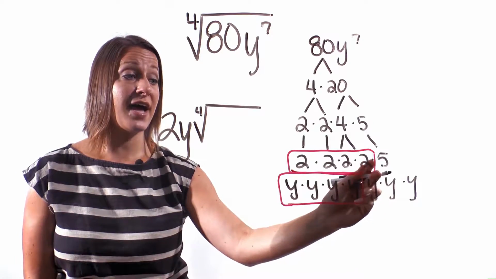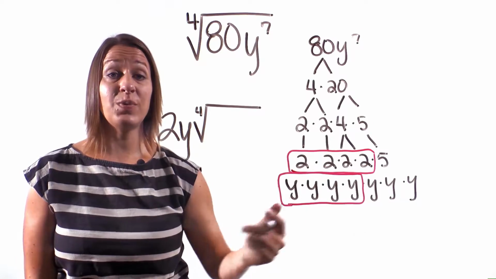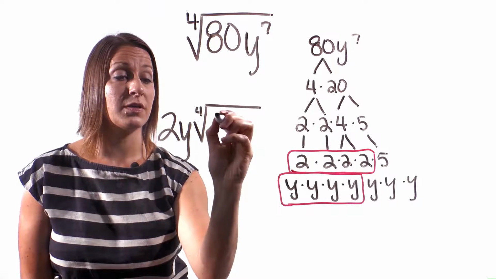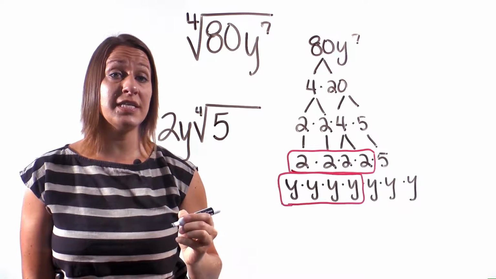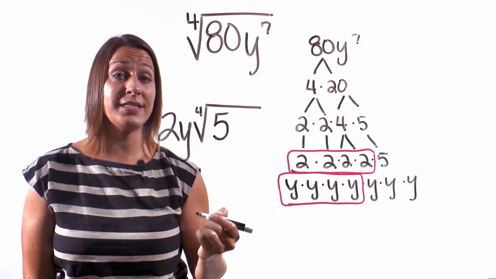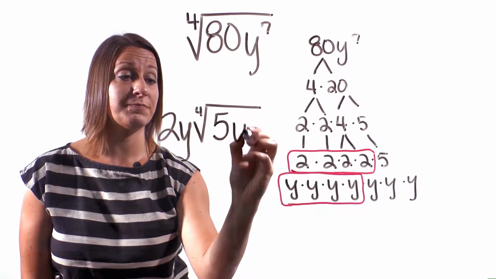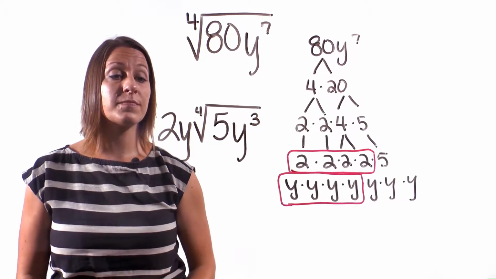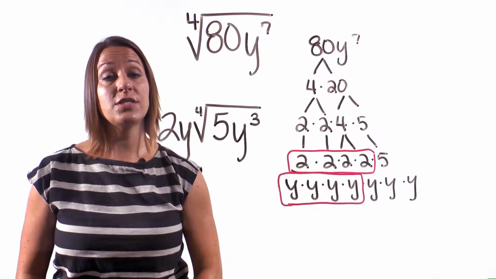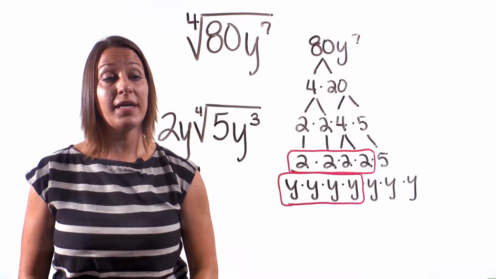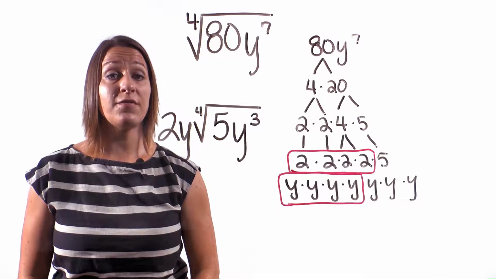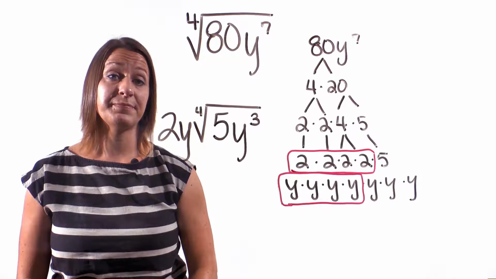Notice that we have a 5, and we have 3 y's. 5 goes on the inside. Y times y times y is y cubed. So the final answer to this problem is 2y times the 4th root of 5y cubed.